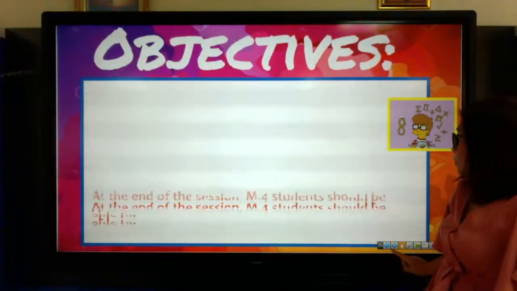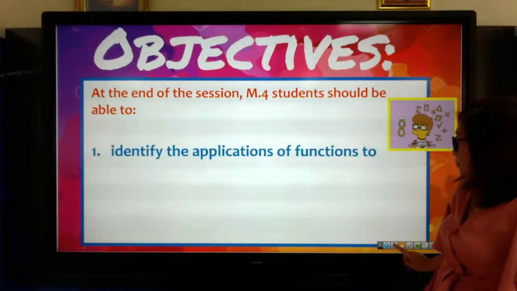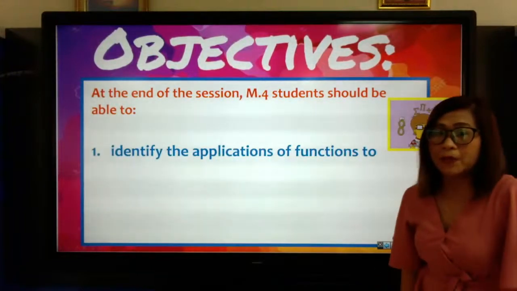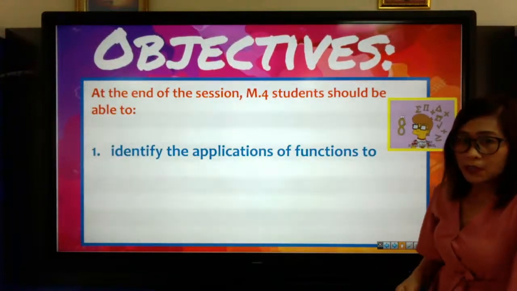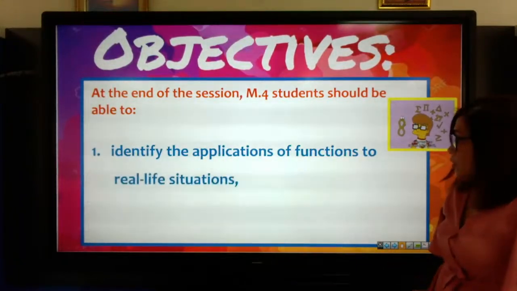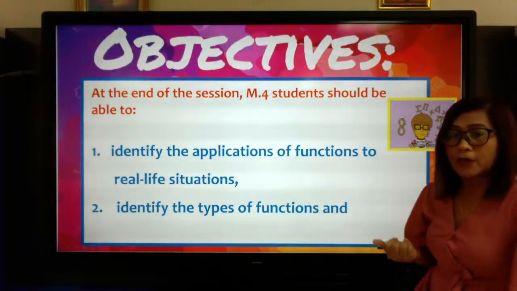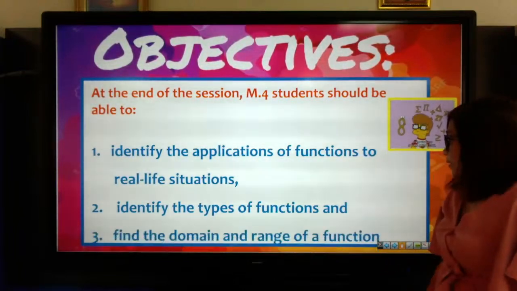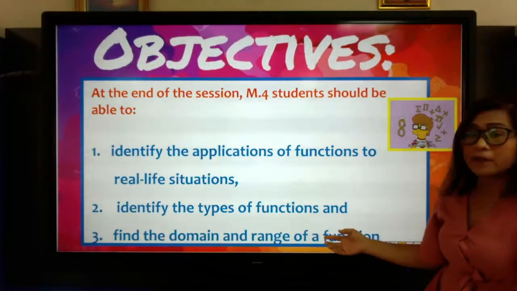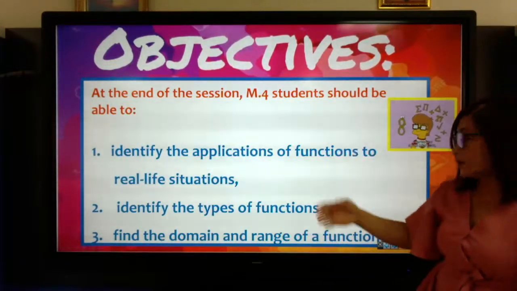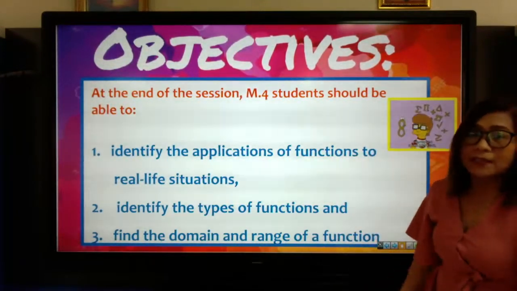The first one is to identify the applications of functions to real life situations. The second is to identify the types of functions. And the last is to find the domain and the range of the function. So these are the objectives for today's lesson.